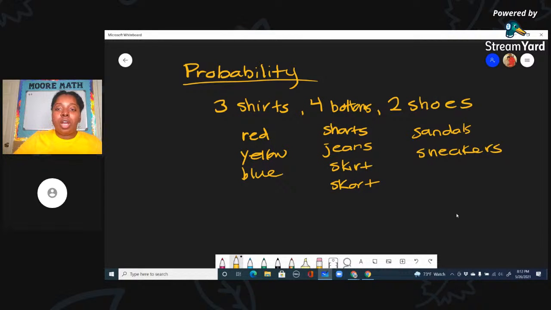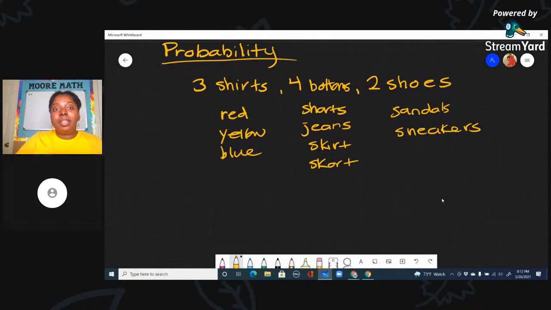Okay. So there's 3 ways to do. I mean, there's probably more than 3, but you could list them out, right? And say, okay, I could have the red shirt with the shorts, the red shirt with the jeans, the red shirt with the skirt, right?